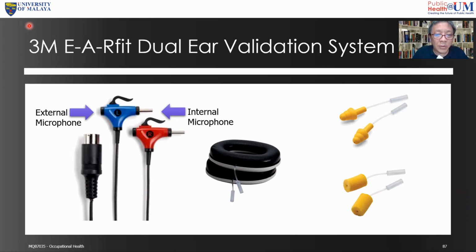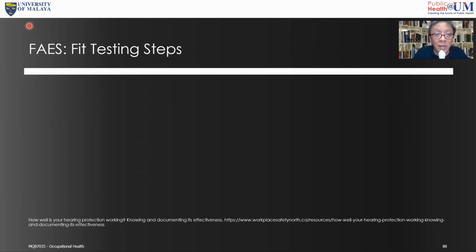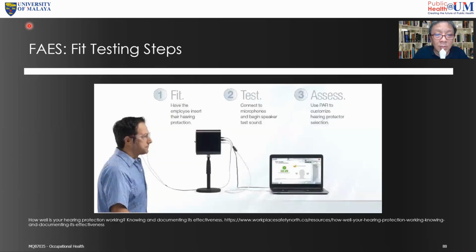These are the same earplugs or earmuffs that they use, and then they just put in a microphone so that you can pick up the sound, or not a microphone, more like a tube that collects the sound from the inside to interpret how well fit your equipment is. So in this fit testing, the employee inserts their own protection, connects the microphone and begins the speaker test sound, and uses a PAR customized hearing protector selection. All right, so this is one way of doing fit testing.